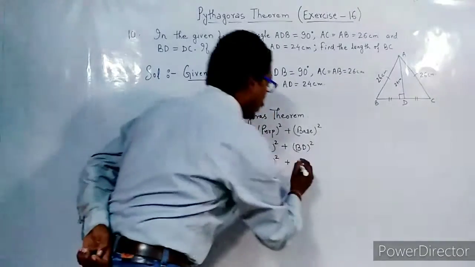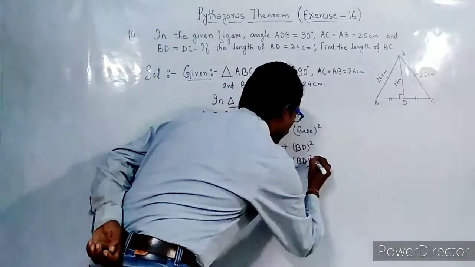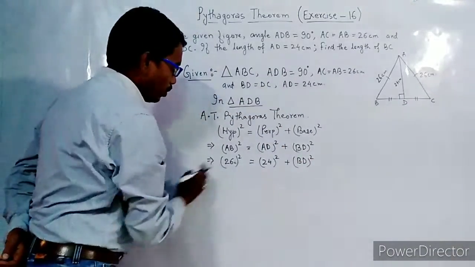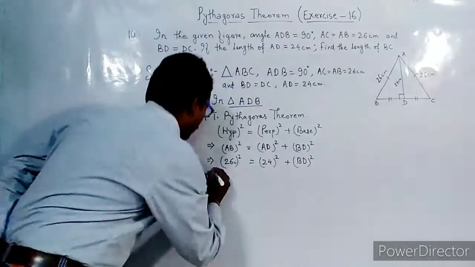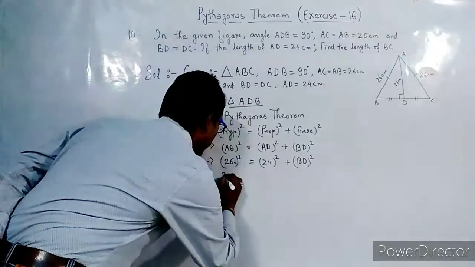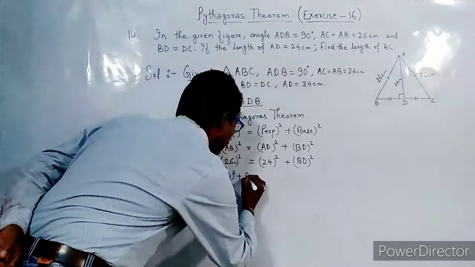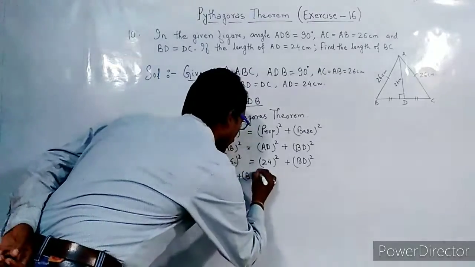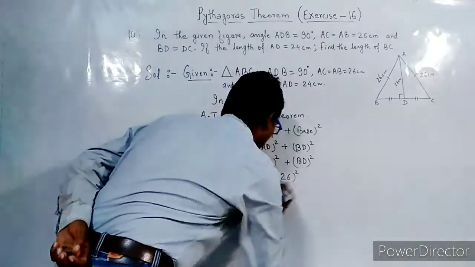plus BD, which is not given. We have to find BD, so BD square as it is. Now bring this part to the left side and this 26 to the right side. So it will be 24 square plus BD square equals 26 square.